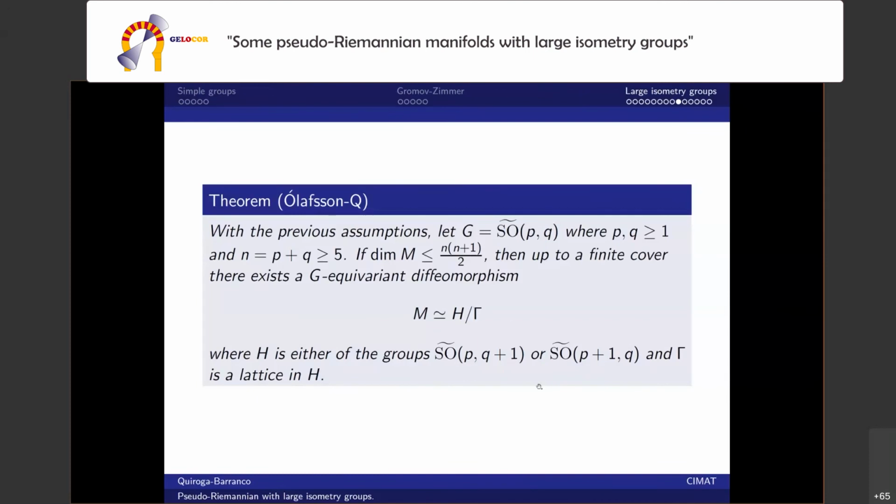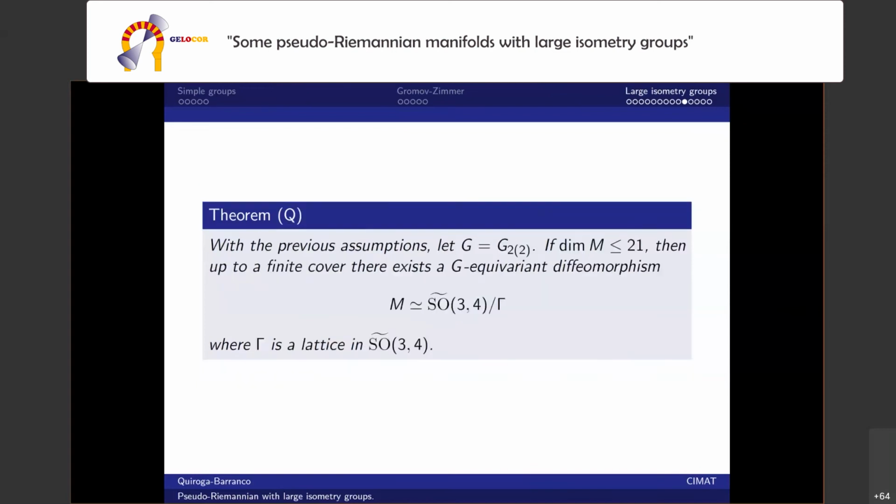So again, just from this action for this particular group, the manifold up to a finite cover has to be given by Lie theory: another special orthogonal group modulo a lattice. The other results I have here are of the same kind. Take G to be the non-compact real form of type G2 over the real numbers, and the dimension is less than or equal to 21, then again, the manifold has to be covered by this special orthogonal group modulo a lattice.